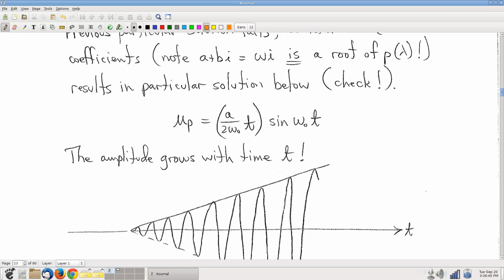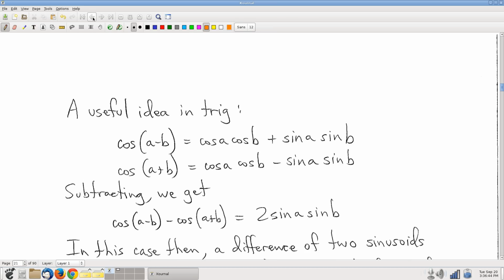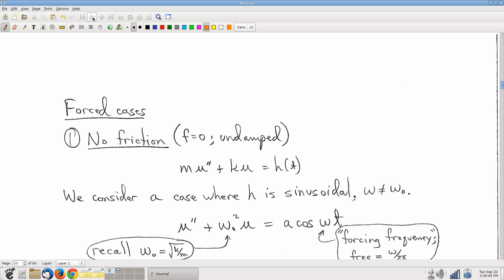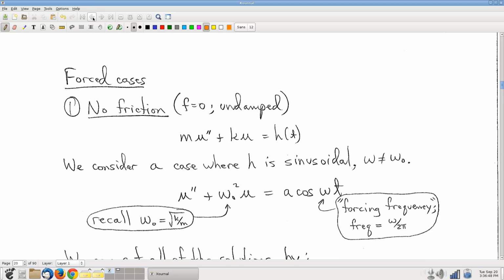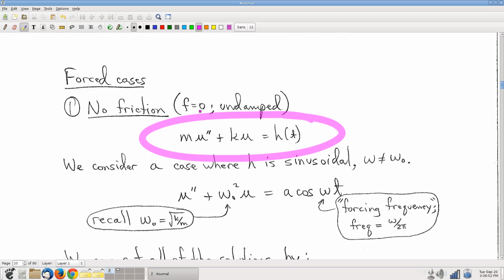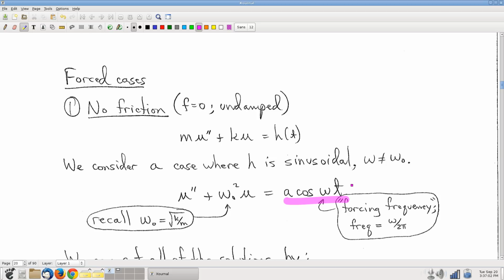Now, one interesting thing about these differential equations, so here's our differential equation that we've been considering, is that these are just models. And this external forcing term here is just an example of an external forcing term.